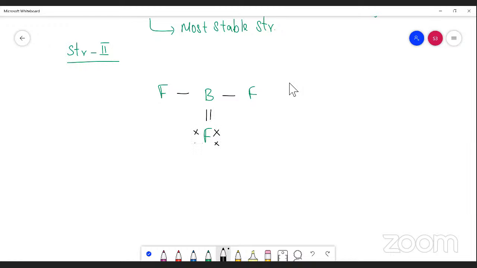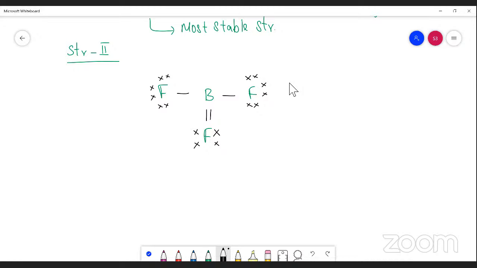So here 8 electrons, and one double bond with 6 electrons. Now we are making a double bond with a single bonded fluorine, but fluorine does not make a double bond. So the structure is wrong in the first case. Fluorine cannot make a double bond; only carbon and nitrogen make double bonds. So the structure is false itself.